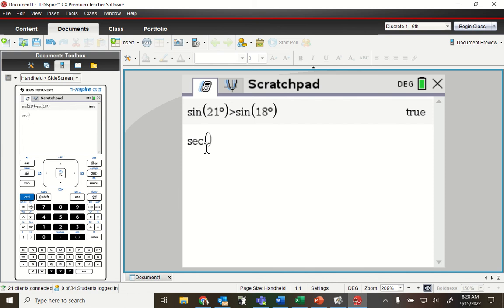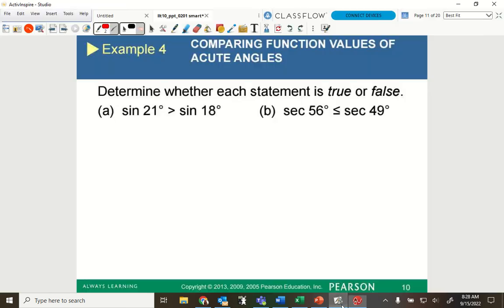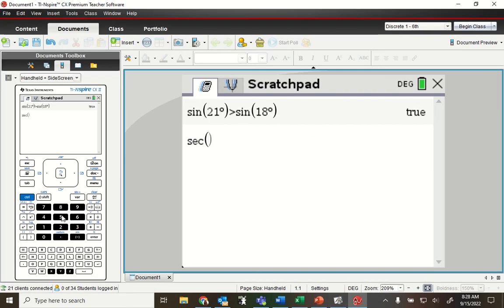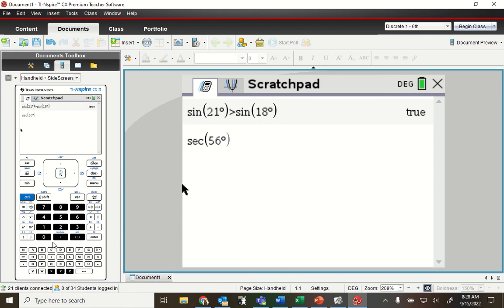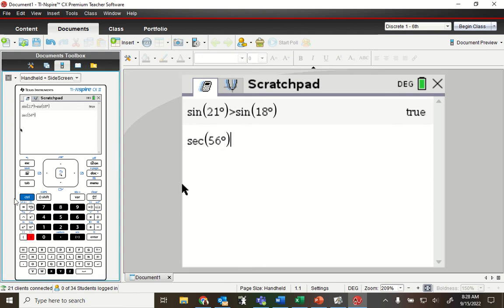So secant of 56 is going to be greater than, or is it less than or equal to?